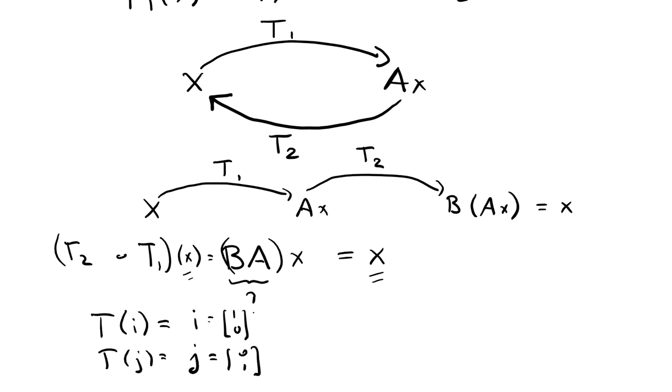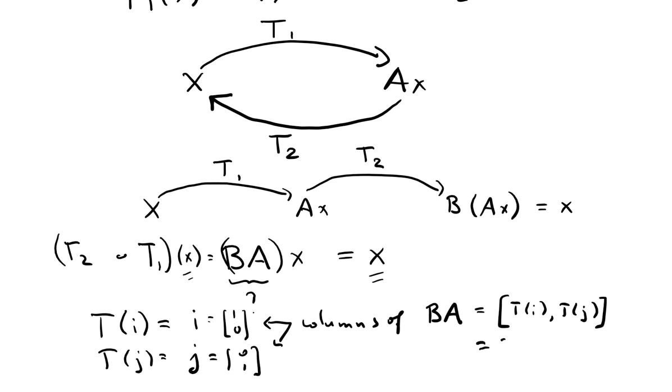So those are the columns of the standard matrix for the composition of T2 with T1. And that composition is the matrix BA. So BA must be such that its first column is T of I, and its second column T of J. The first column is 1, 0, the second column 0, 1, and that's the identity matrix.